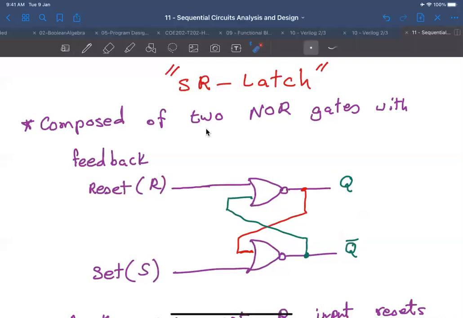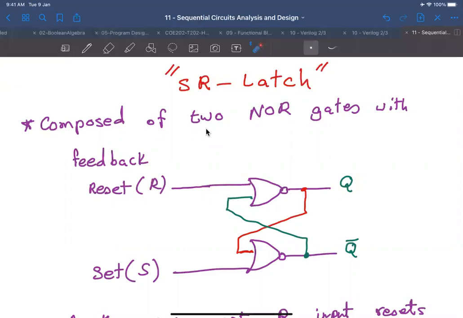So we have a reset input and a set input. From the name, you can understand that reset resets Q to 0, and set sets Q to 1. But there are constraints. You cannot use them just like that. Now, when you want to reset, you assert R to 1 and drive S to 0.